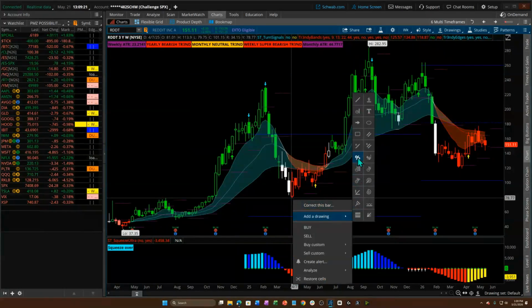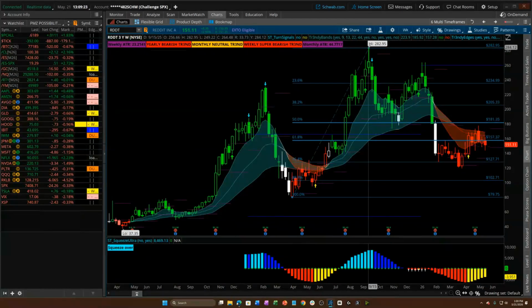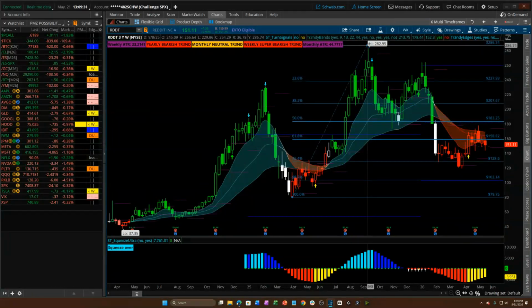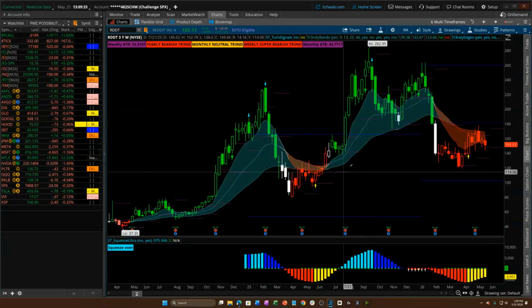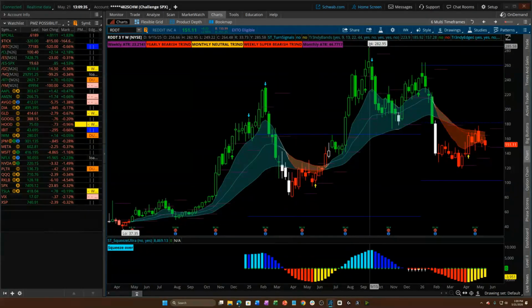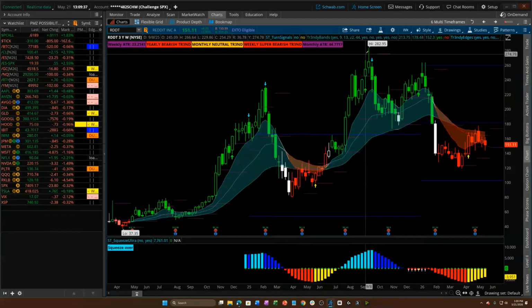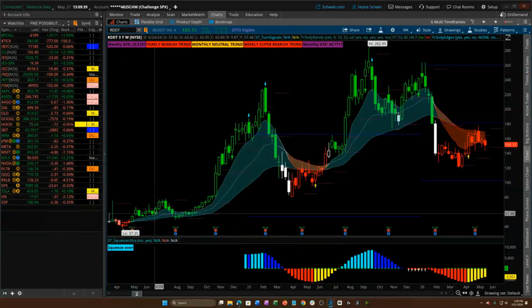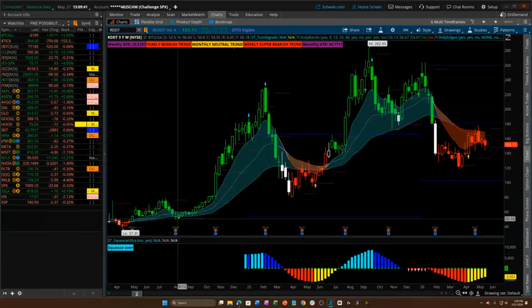I would measure this move and see if price closed below the 618, and it did. You see that? So that is not a valid move. It closed below the 618.